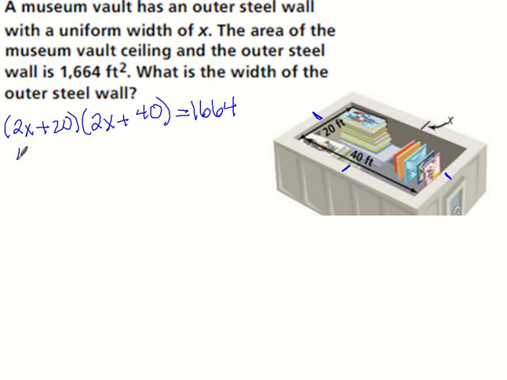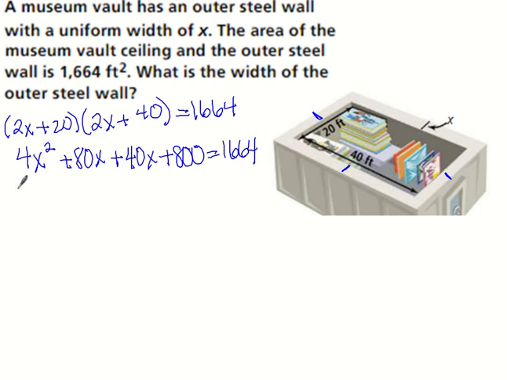Okay, so we're going to distribute. So I get 4x squared, and I get plus 80x, and then I get plus 40x, and then I get plus 800, equals 1,664. So 4x squared plus 120x, plus 800 equals 1,664.